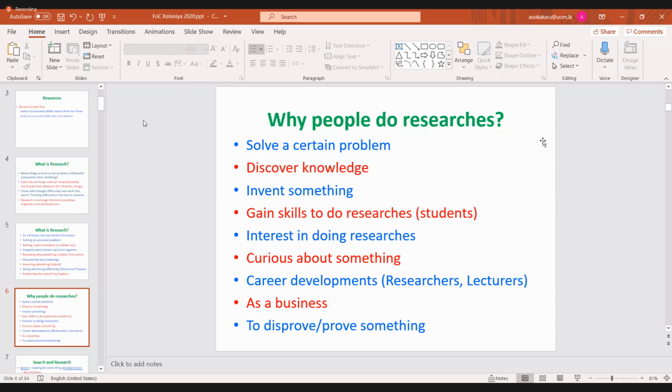Better to put an asterisk and write it. The greatest scientists like Einstein, Newton, Copernicus, Galileo, and so on did research because of curiosity. Curiosity or interest, we can say.